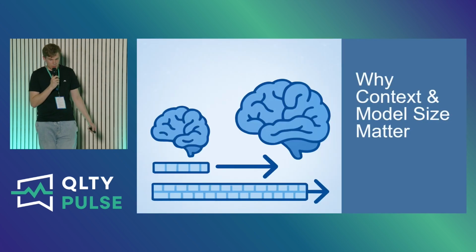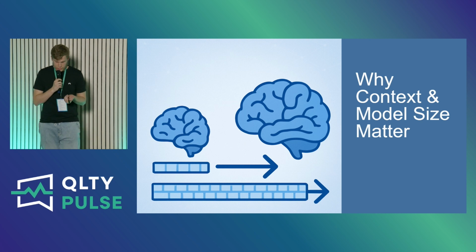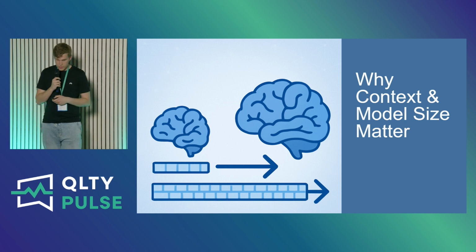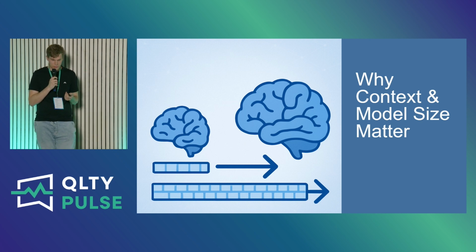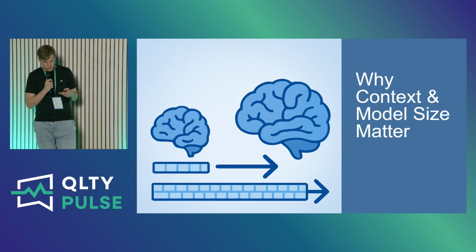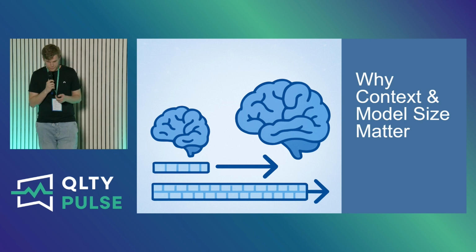And sharing why context and model size matter. In this example, with the smaller brain, it has less knowledge of the specific problem, so it will try to hallucinate, try to solve it from different angles. Of course, it depends if it's a reasoning model. If it's a reasoning model, it will try to reason with itself, try to understand the problem more, try to challenge itself.